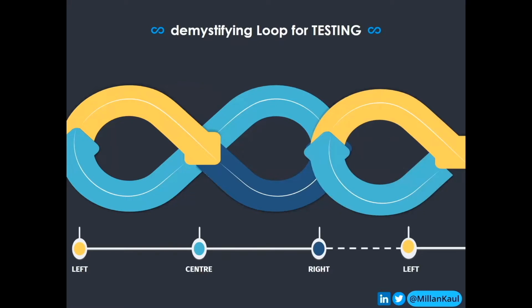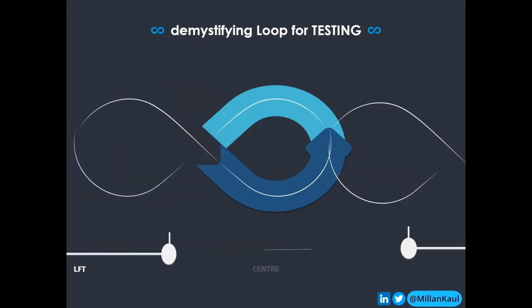You can say it's another way to look at how things have changed after waterfall, and testing has become a continuous process right from the start, which means we constantly keep on testing and not just at the end.